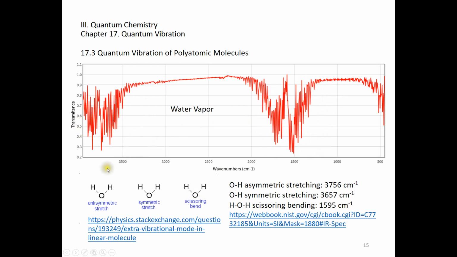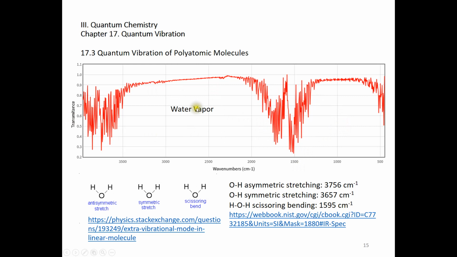I think anti-symmetric stretching has a slightly larger wave number than symmetric stretching over here. Yeah, the numbers are here. This is slightly larger than this, and we have scissoring bending over here. Those are the wave numbers from the NIST website.